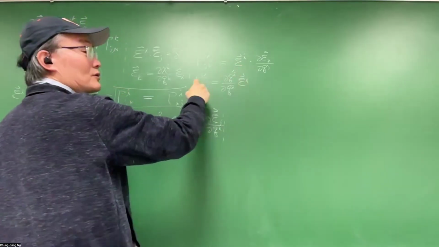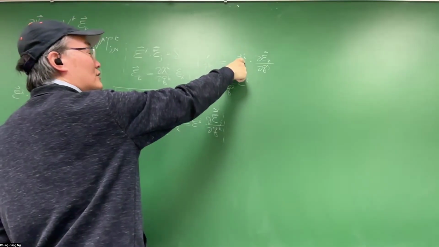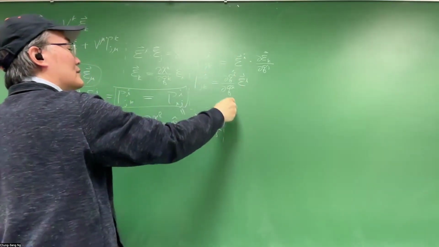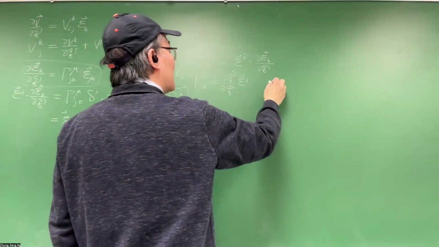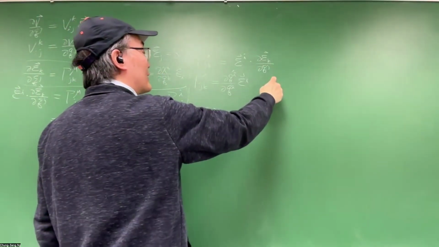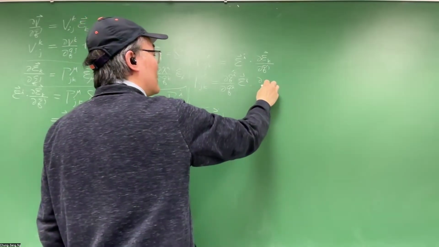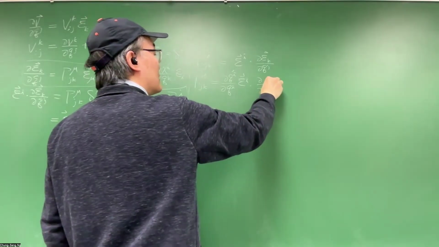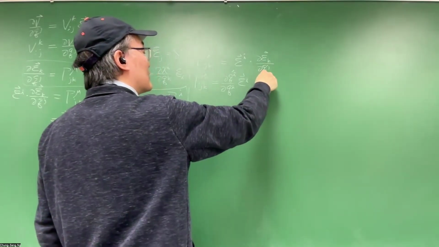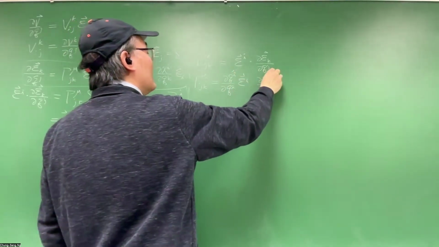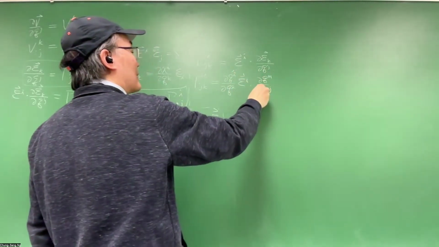That's how you transform a contravariant index. Now you transform the derivative also. The derivative is covariant, so it's the other way around. So it's partial q over partial pi j, and then we need another index.